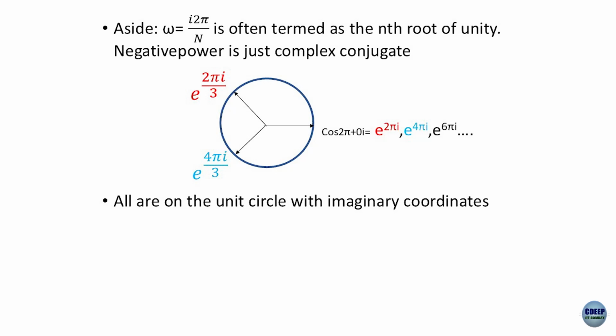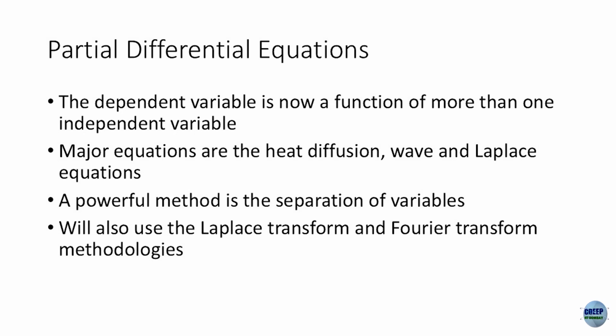And this is just an aside to appreciate that in the complex domain, you are going to get the roots of unity from the unit circle in the complex plane.